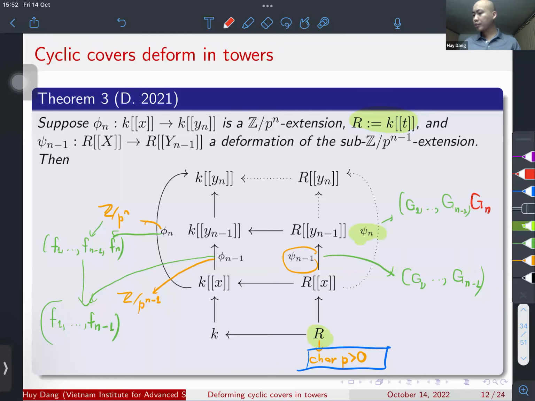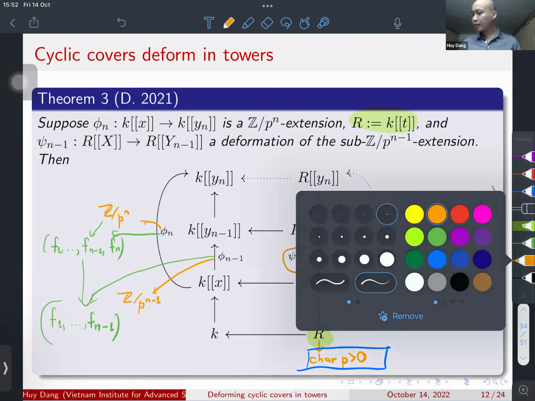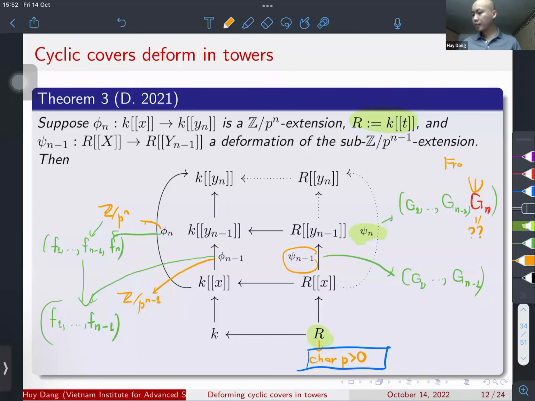So it all comes down to computing gn right here. We want to compute gn, and gn is just a rational function over R(x). So we are trying to find a rational function over R, which even need not be a power series for some reason. So that's the first upshot about this setup.